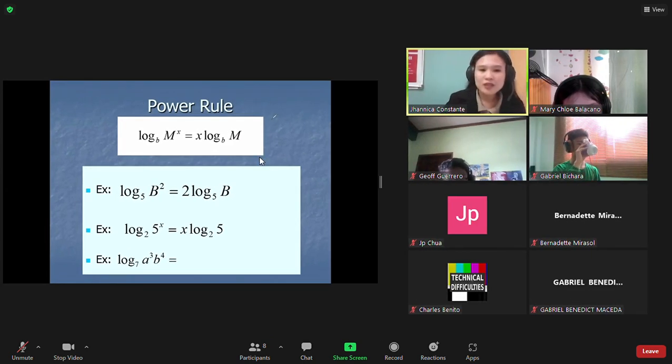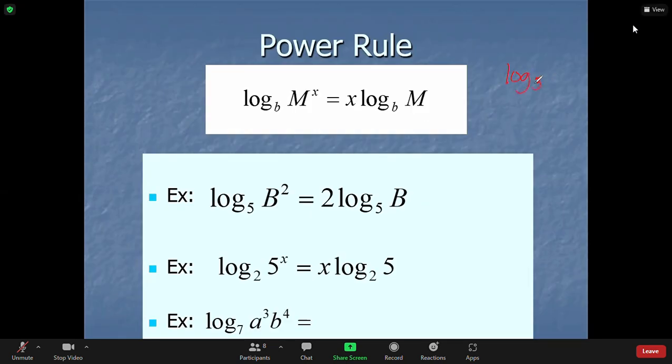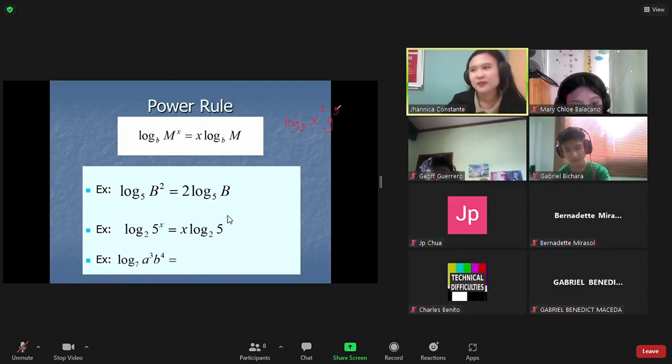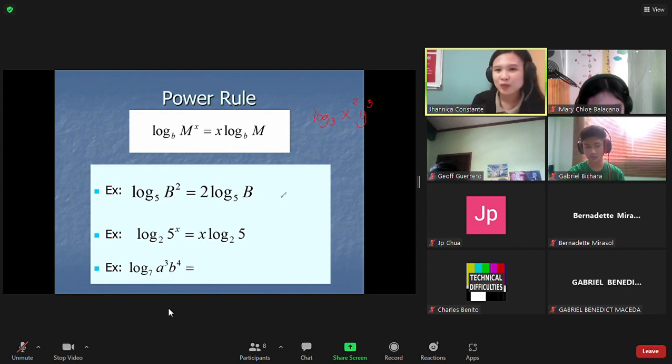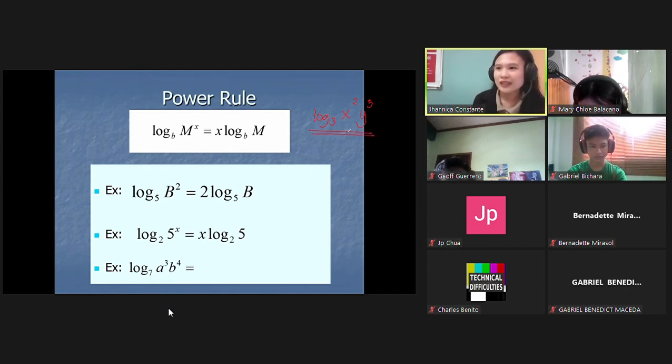For example, we have this function, logarithmic 3 of x squared and y cubed. That is the function that we have, and we need to expand this logarithmic function that is given.